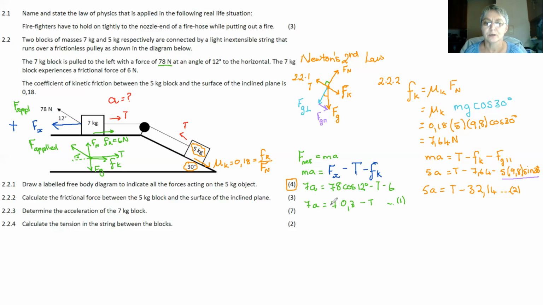Right, so now we say 1 plus 2, because the tension in the one equation is positive and in the other equation it's negative.